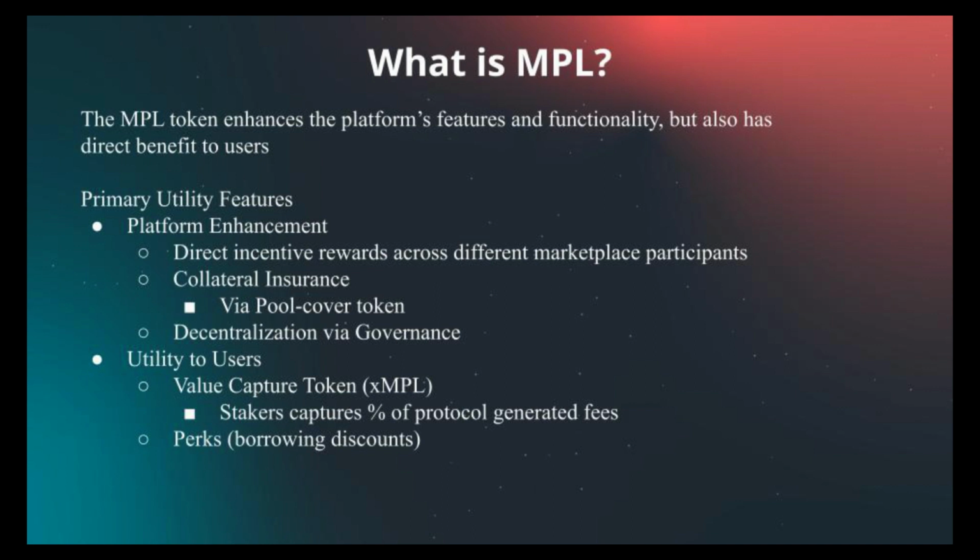So what Maple intends to do in the future is extend it to fintech firms, or maybe even companies that are higher up in the risk profile that would otherwise not have access to traditional lending from banks. So it is a good step in the right direction, but there's also some criticism that you're ultimately still lending to participants that are just betting on the market, right? So is it really true value creation? And I guess we'll talk about it a little bit more later on.